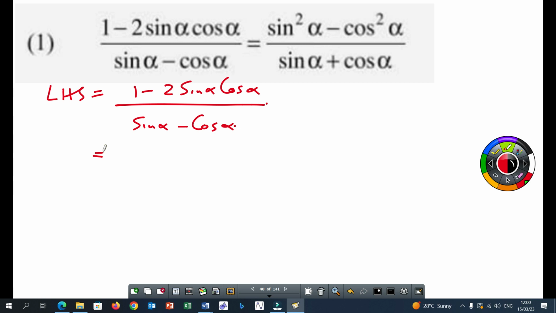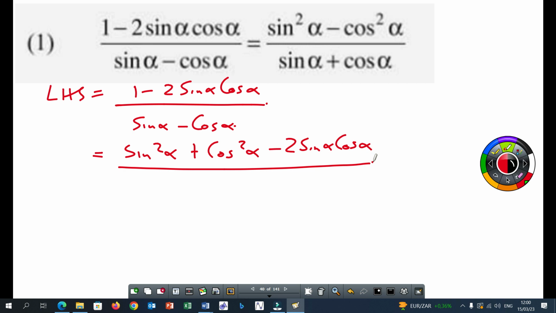You convert the 1 to sine squared alpha plus cos squared alpha. Please, it's not x. The Greek letter there is alpha. So it will be sine squared alpha plus cos squared alpha minus 2 sine alpha times cos alpha, all over sine alpha minus cos alpha.